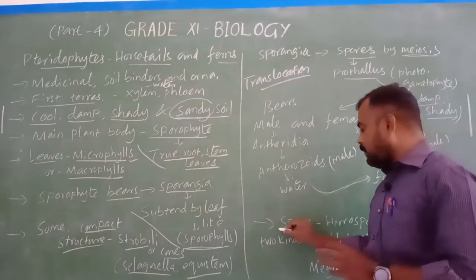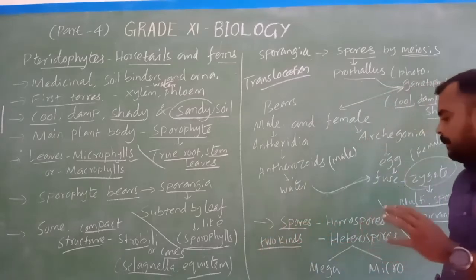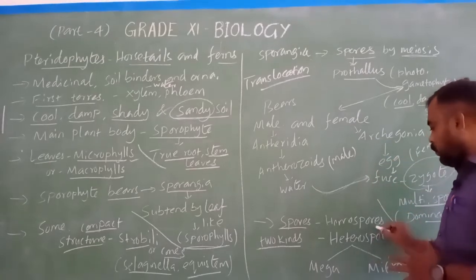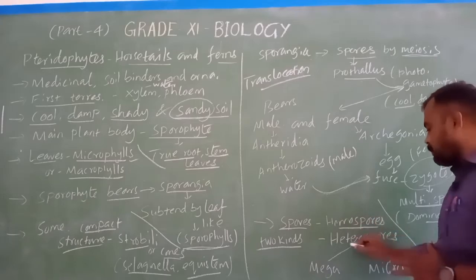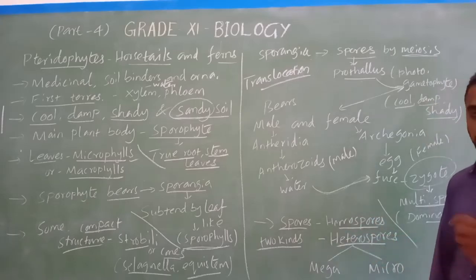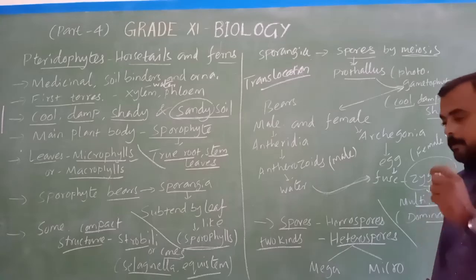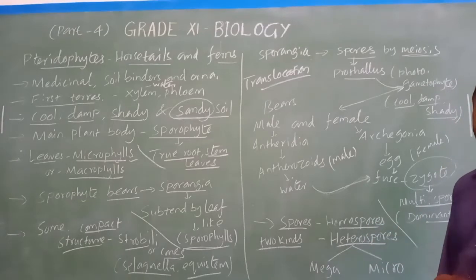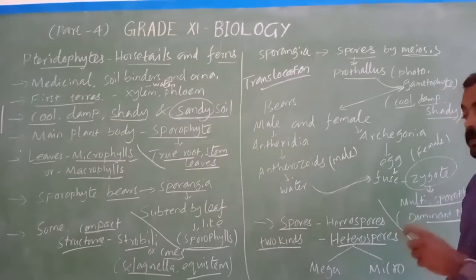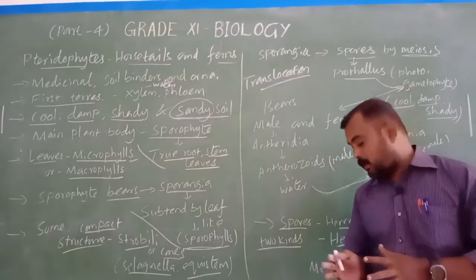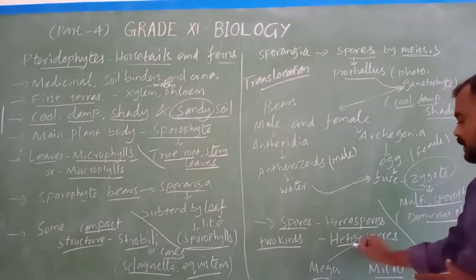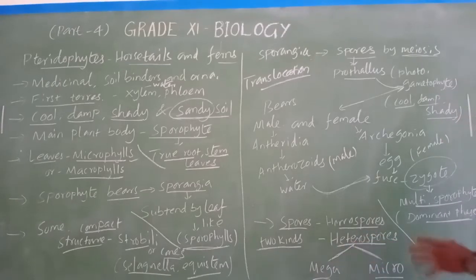The next one, spores. They are divided into two based on the spores: homospores and heterospores. If spores are similar, it is homospores. If spores are dissimilar, one is megaspore and one is microspore, that is called heterospore.